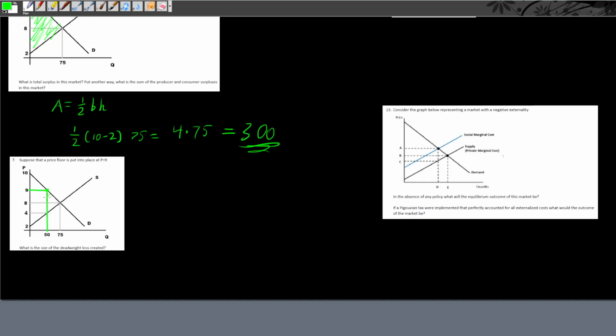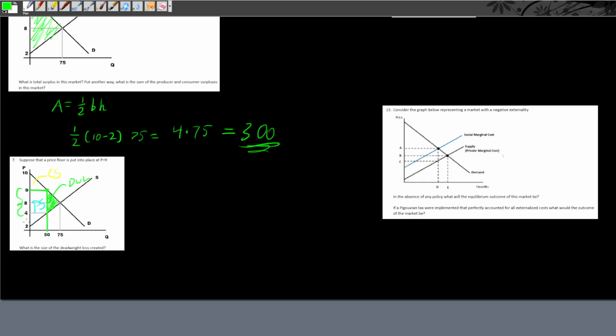To do that, we're just finding the area of this triangle right here, because remember, that is deadweight loss. This upper triangle is consumer surplus, and this lower kind of squared triangle is producer surplus.